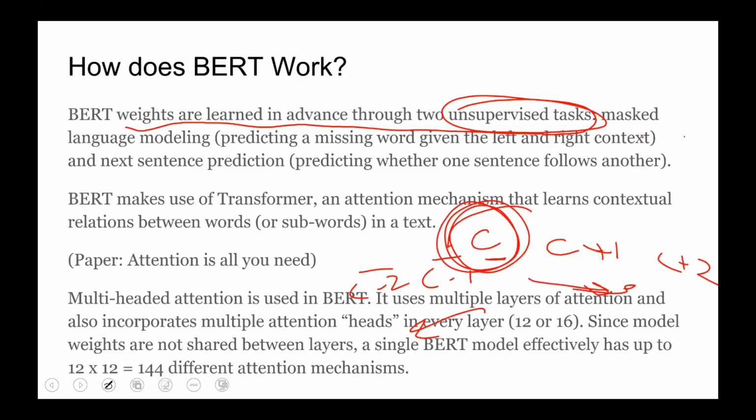And once this center word is done, then I also try to figure out the next sentence. If you remember, when I was telling you about ChatGPT, we said that ChatGPT works in the way that it is trying to figure out the next word prediction. So it keeps on predicting the next word, next word, next word, and in this way it is able to predict the complete paragraph.